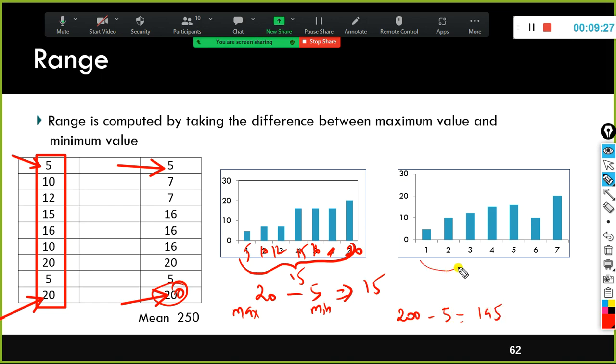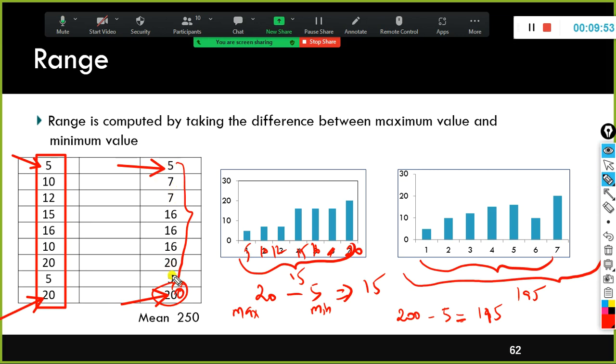So it tells us that for the second data set, the spread is too wide, 195. It gives us a wrong picture. Why? Because almost all the values are somewhat closer, though 5 is a little far away from them. But when you compare 5 and 200, the distance is too high.